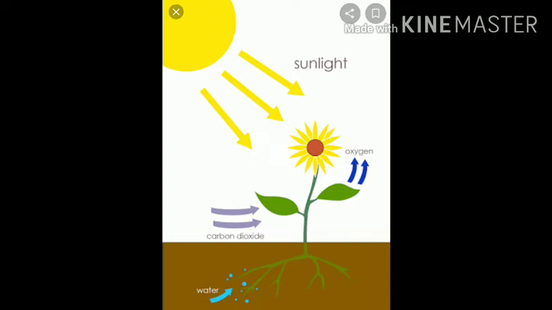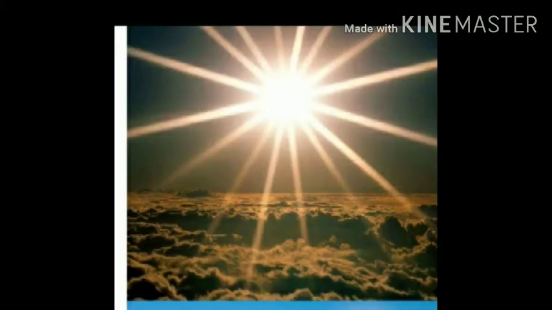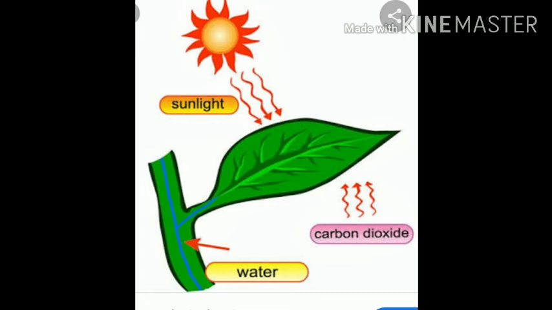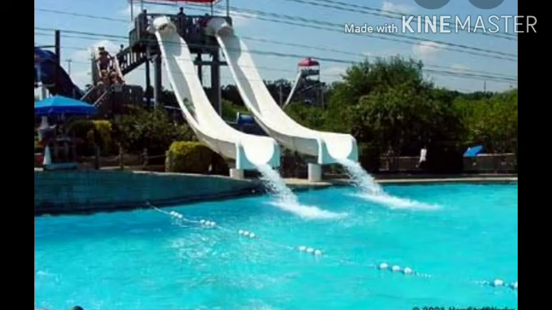Now let us understand how plants obtain the raw materials necessary for photosynthesis. Light. Light is essential for plants, and the main source of light for photosynthesis is the sun. If plants are deprived of light for a considerable period of time, they die.